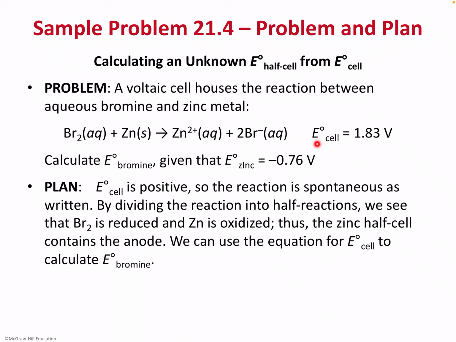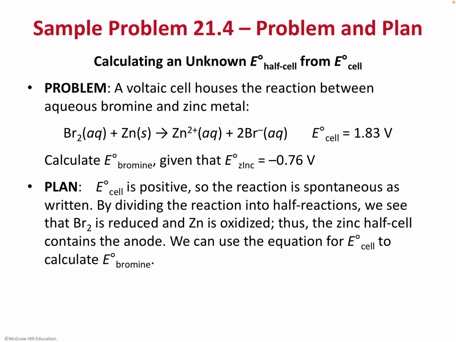Since zinc is becoming zinc 2 plus, the oxidation number increases, that's an oxidation. And bromine goes from Br2 to 2Br minus, so that should be the reduction. So zinc is the anode and bromine is the cathode.